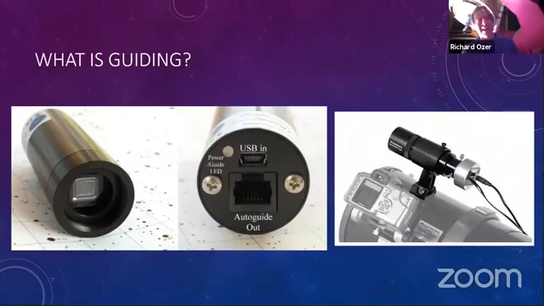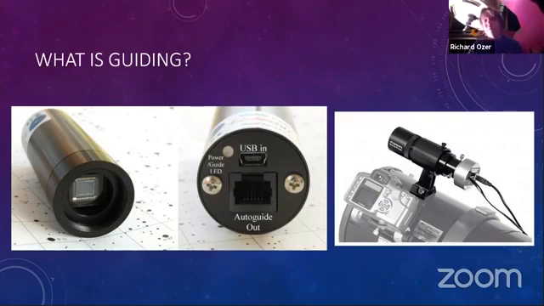And I've mentioned guiding several times. So what is guiding? Well, this is a picture of a guide camera attached to a telescope. The guide camera sits on top of the telescope. Sometimes they're integrated into the main camera, and that's called an off-axis guider.